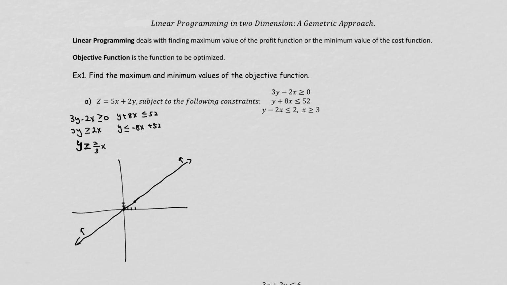So 52 is going to be the y-intercept, and from 52 it's going to be way up here.